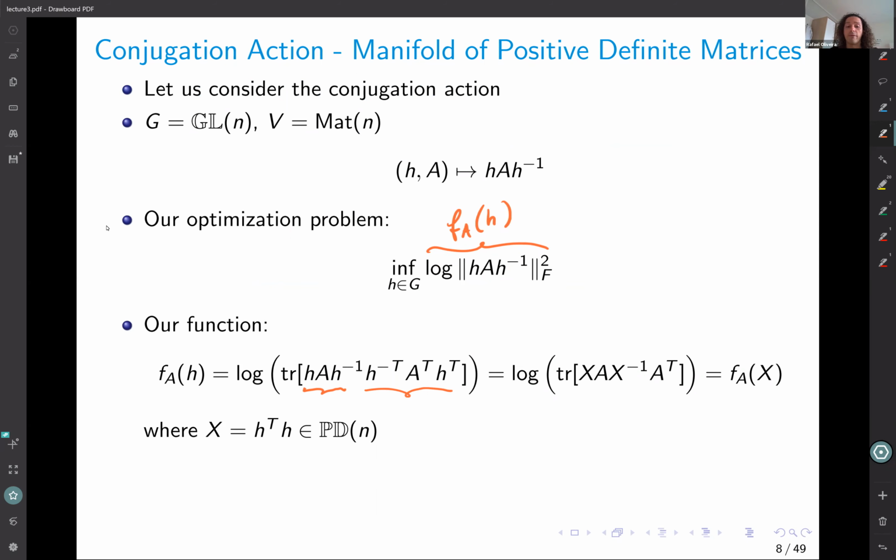But now, if we make the transformation that H transpose H is equal to X, then our function f_A of H is equal to the log of the trace of X A X inverse A transpose, which really is just a function of this matrix X. But if H is invertible, then the matrix X is a positive definite matrix.